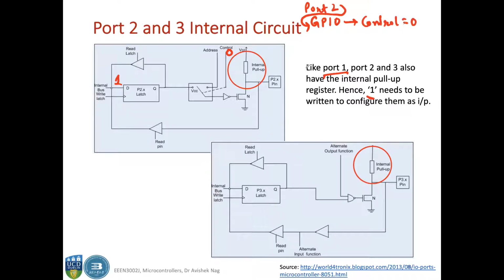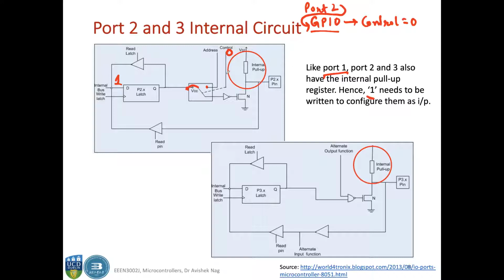Then this circuit is completed. If you put your control signal to 1, then this circuit will be completed and it will work as an addressing port. But for control signal 0, it works as a GPIO.